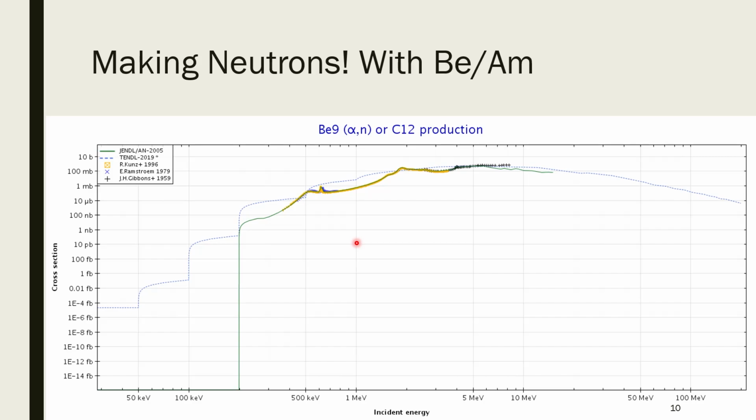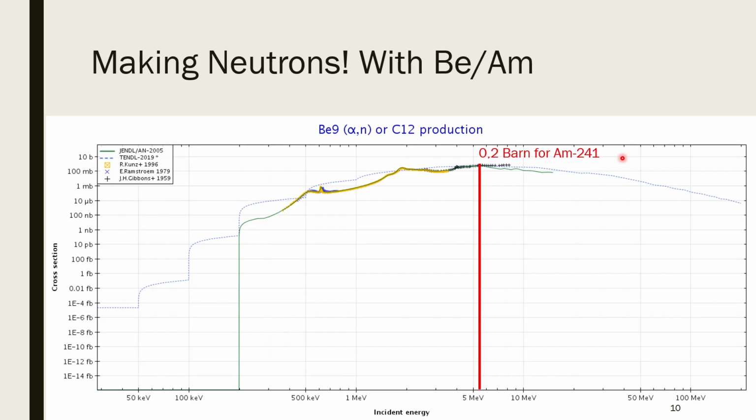In our case, it's the beryllium-americium source. You look at the alpha-induced nuclear reaction, and in our case, we have a neutron source with 65 gigabecquerels of americium-241. The alpha energy lies here at the maximum for this reaction, and we have a cross-section of 0.2 barn. Is that much? Not really.